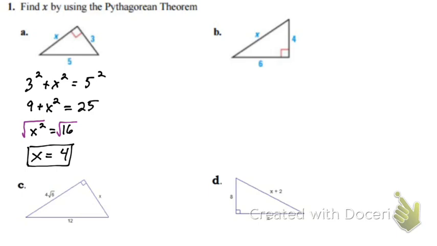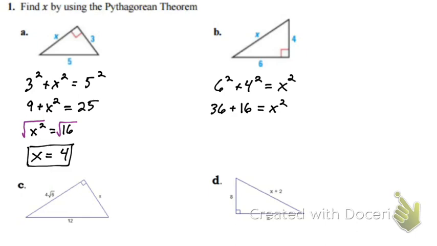All right, next one is, we're solving for the hypotenuse this time. The hypotenuse is the one across from the 90-degree angle, so x is my hypotenuse. So we're going to do 6 squared plus 4 squared equals x squared. Well, 6 squared is 36, plus 4 squared, which is 16, is going to equal x squared.